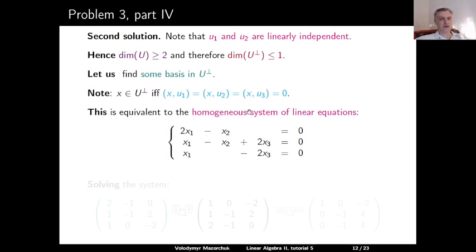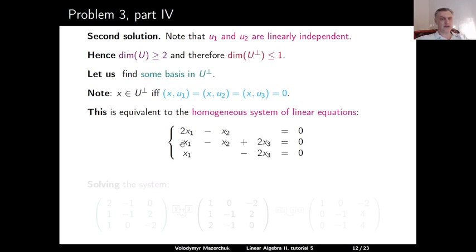It's a homogeneous system. So u1 was the vector (2, -1, 0). So the scalar product between u1 and x is 2x1 minus x2 plus 0 is equal to 0. So the first equation says that the scalar product between x and u1 is 0. u2 was (1, -1, 2).